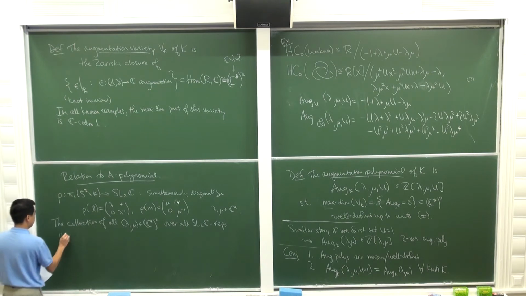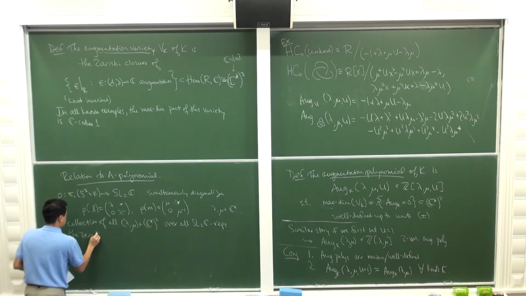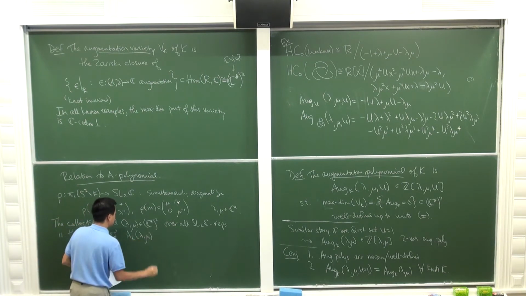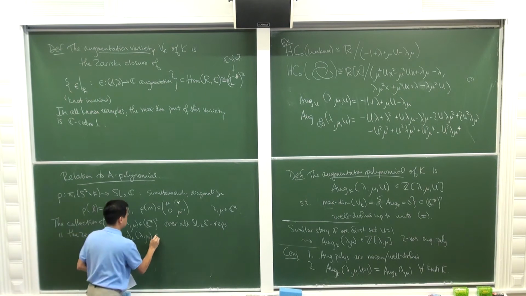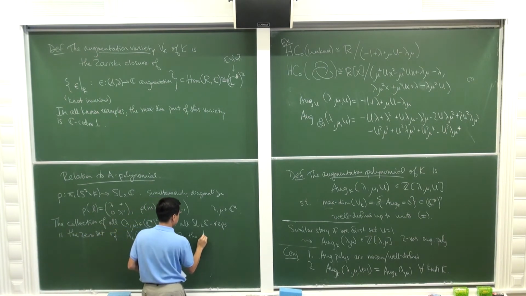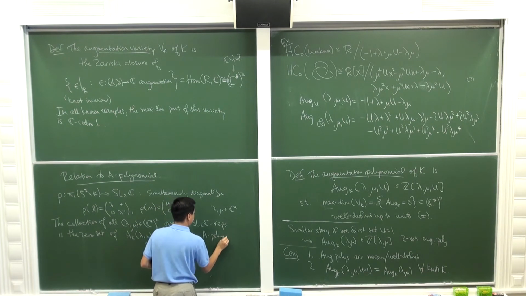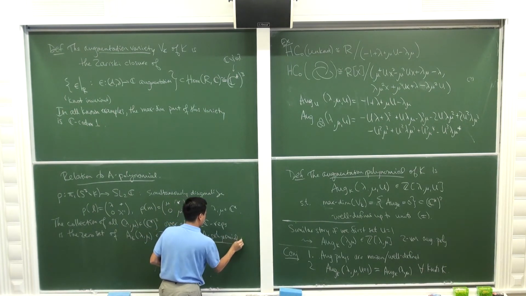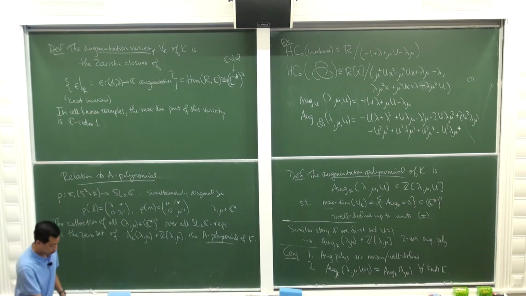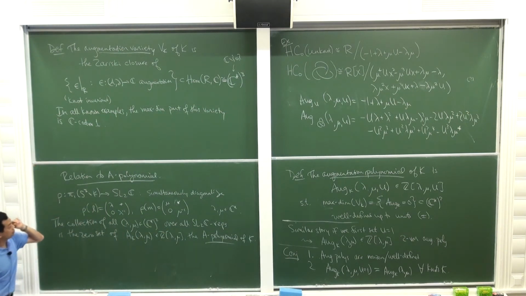It is the zero set of a polynomial in two variables, the A polynomial. So it's of somewhat similar flavor to the augmentation polynomial, except instead of considering augmentations, you consider SL2C representations.